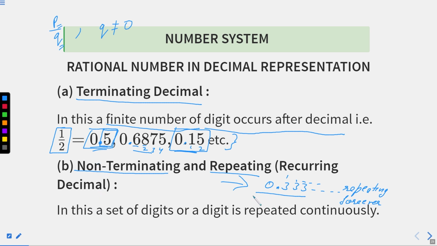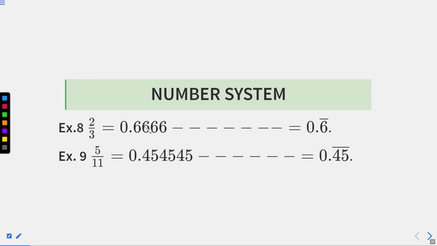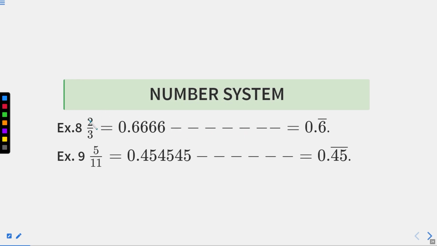This way we have a different way of defining rational numbers: in terms of terminating decimals or non-terminating and repeating decimals. Now we are given some examples. 2 by 3 is in the fraction p upon q form, so we can easily say it is a rational number.